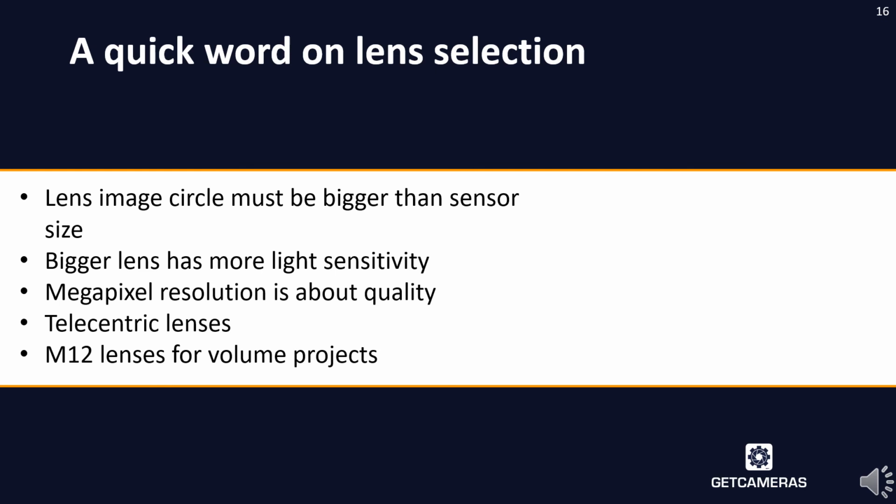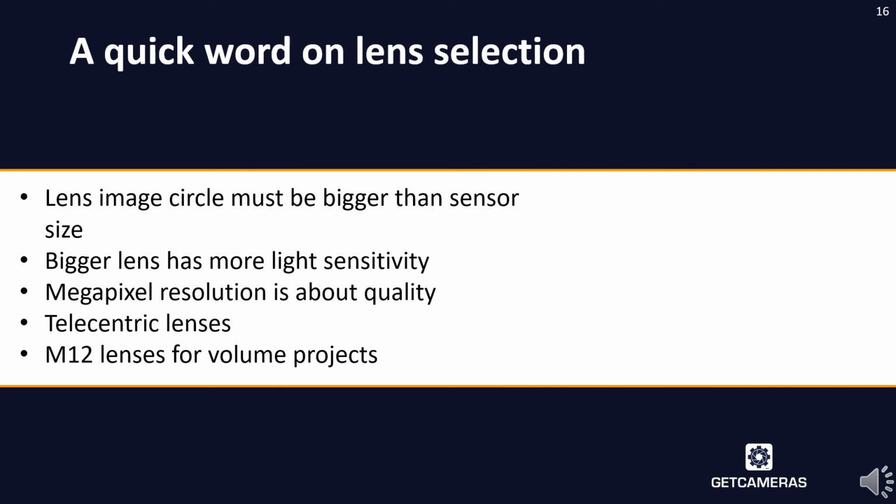On the other hand, we have the cheapest lenses, which are M12 lenses. Those are actually recommended only for volume projects where the price is very important, or for example where you want to have the smallest system possible, because M12 lenses are very compact.